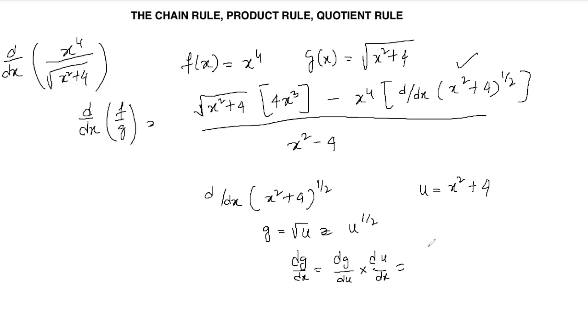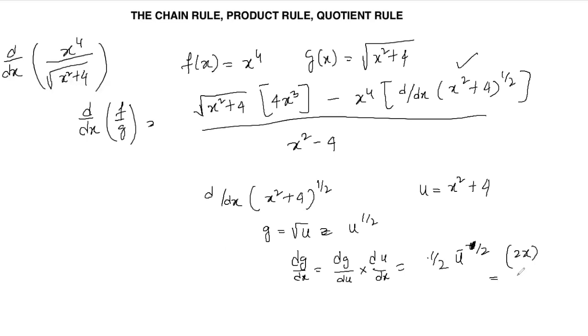The differentiation of u to the power of half is half u to the power of minus 1 by 2, and the differentiation of u will be 2x.